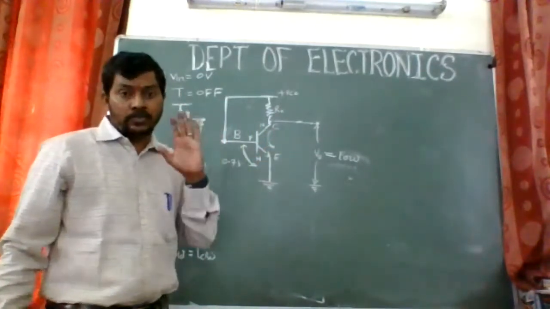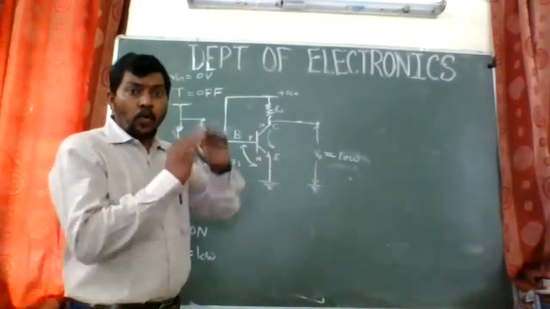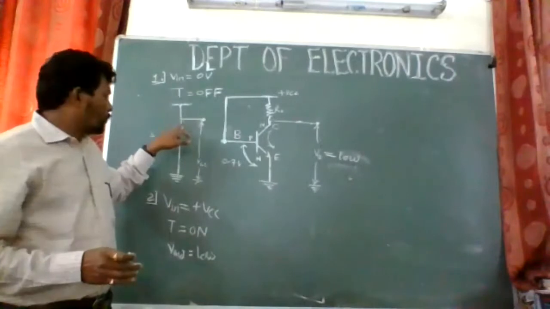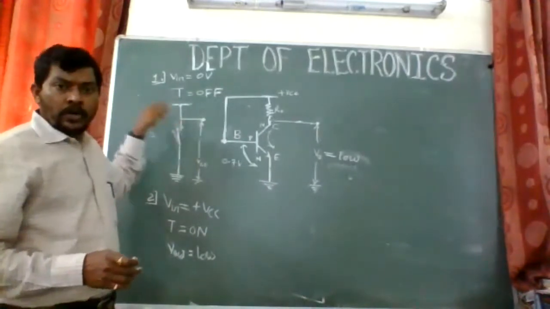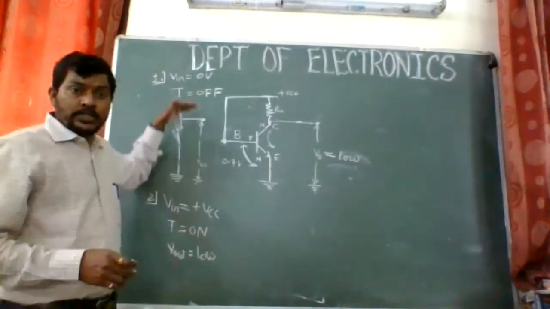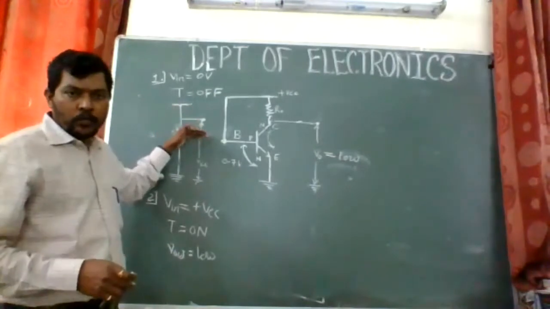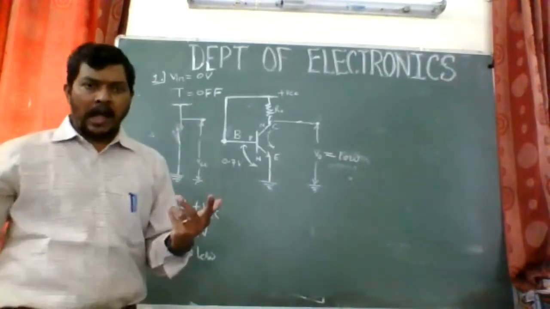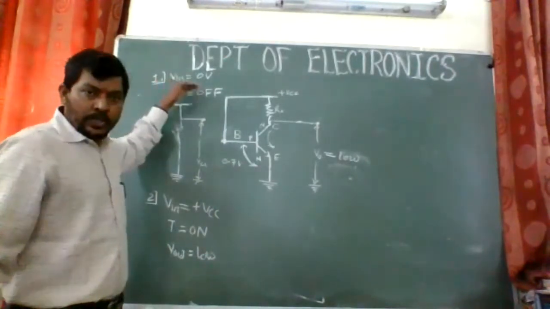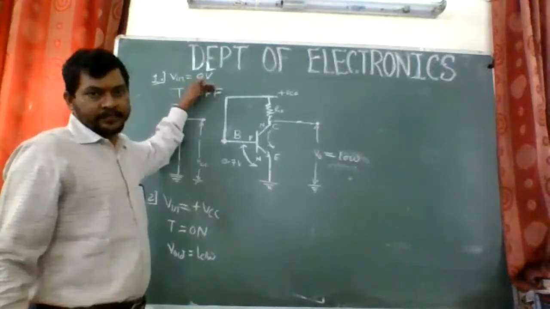So the transistor acts as an open switch. The output voltage is approximately equal to plus VCC, the total voltage drops over here, so the voltage will be high. So we have the first situation: input voltage 0, transistor off, output voltage high.